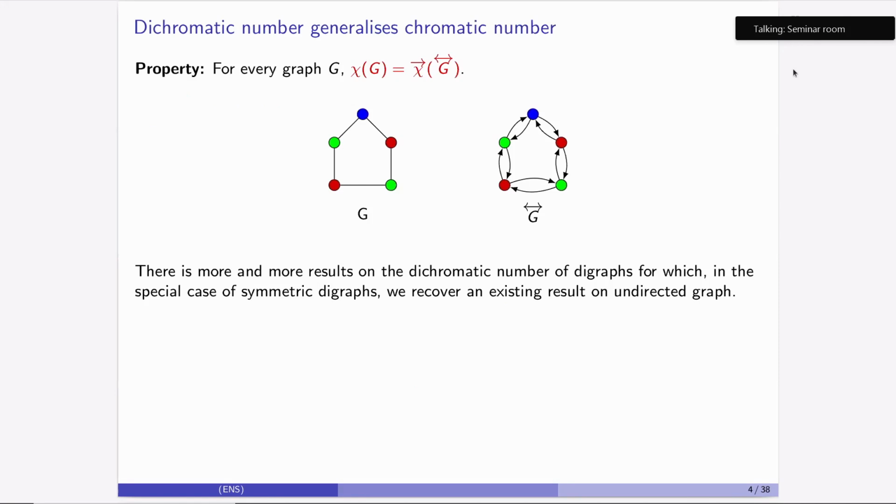Okay, so why is this a good notion? It is because it generalizes undirected coloring. Because when you have a graph G, the difference between digraph and undirected graph is the symmetry of the adjacency relation.